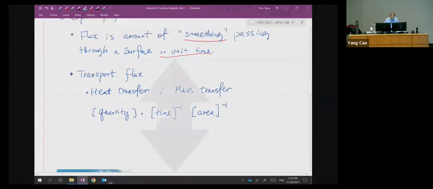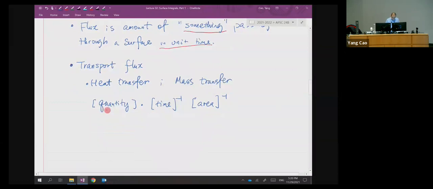If I replace the quantity with heat, then you get a heat flux. Look at the overall expression: you have heat, time inverse, area inverse. For the first two, a quantity divided by time is a rate of change concept.